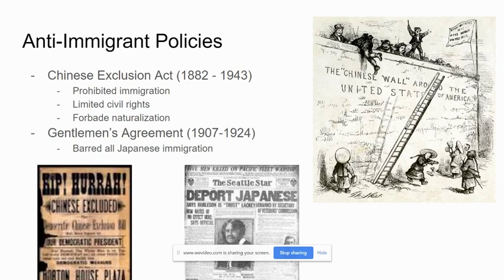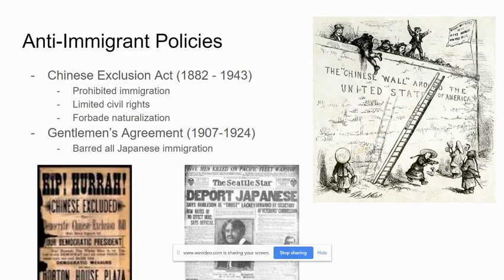We also see another anti-immigration policy called the Gentleman's Agreement in 1907. So this isn't an official policy. It's going to be more of a mutual agreement between Japan and the United States.